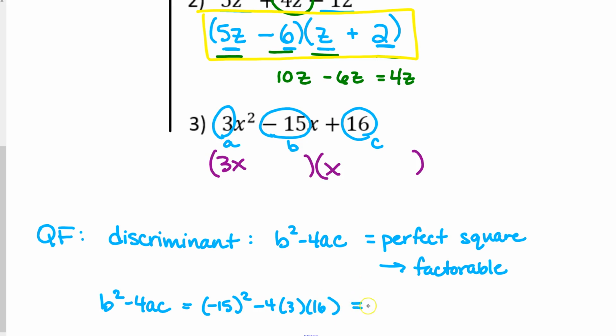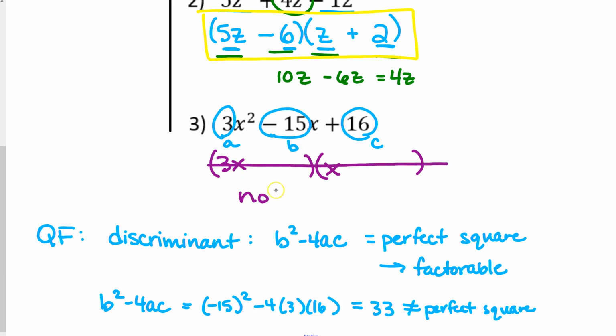And that works out to be 33. And 33 is not a perfect square. And so this is not factorable. So if you keep that idea in mind, it might save you a little time on factoring problems in the future.